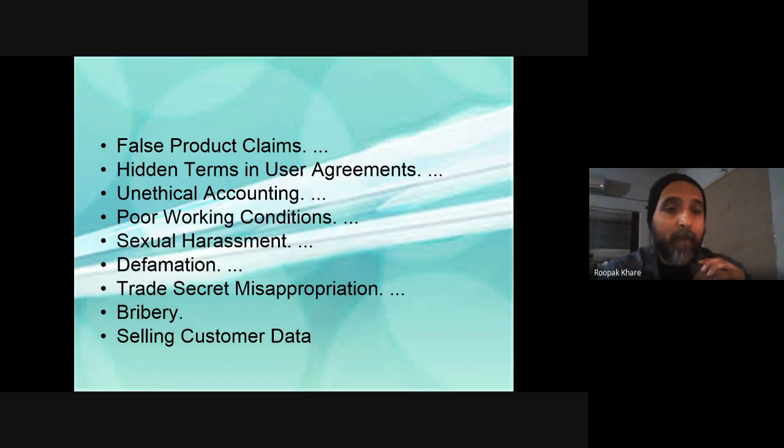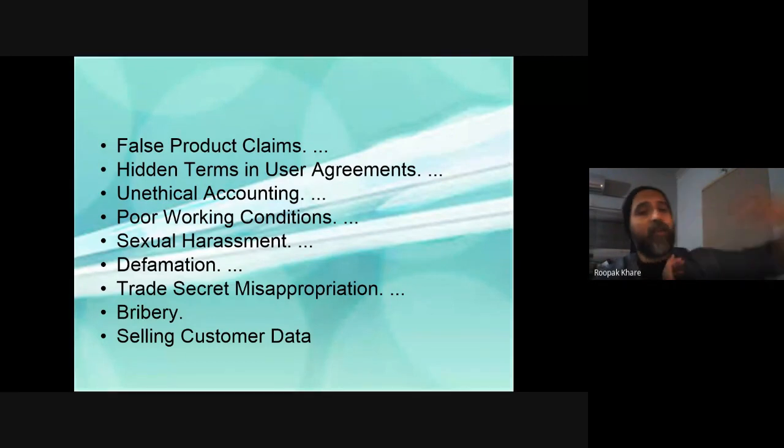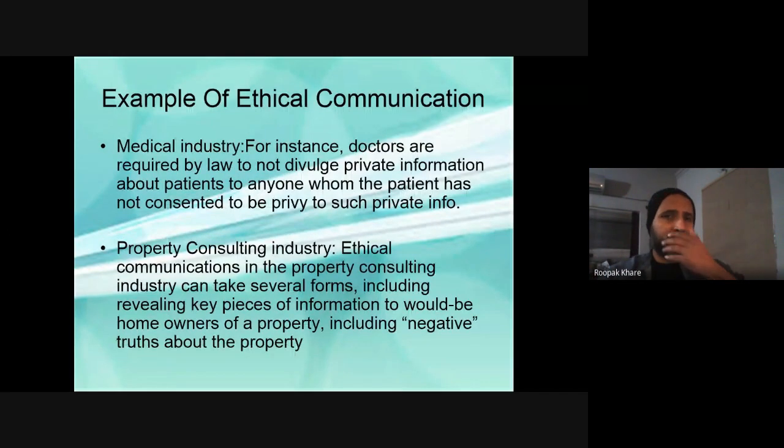Bribery, selling customer data. A lot of telephony companies acquire a lot of information. Internet based businesses acquire a lot of it. They lure a lot of information from their customers, and then they sell it off to some other people to get money, to get advantage, or to get some kind of benefits from them. These are all unethical practices.